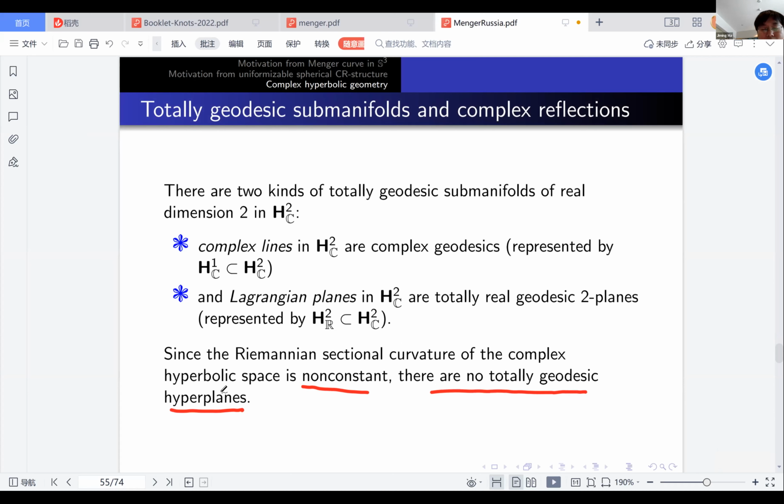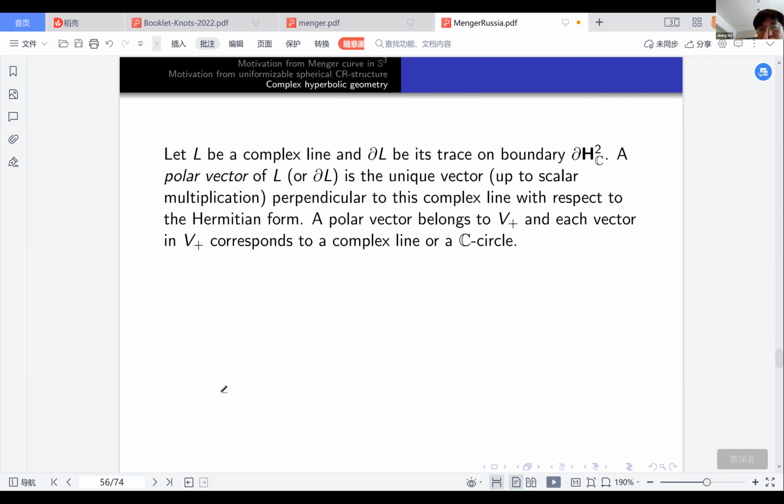So there are no totally geodesic codimension 1 subspaces of complex hyperbolic space, which is different from the case of three-dimensional hyperbolic space.